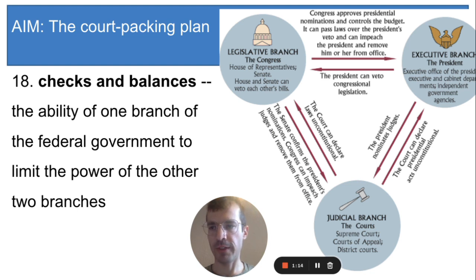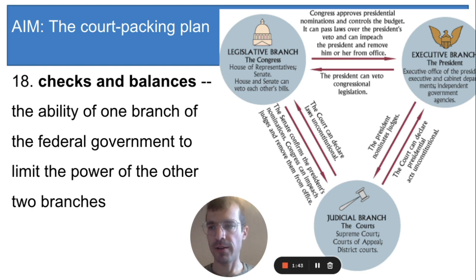But if one of them dies or decides to retire, the president at the time gets to appoint a new one. That gives the president some power over the Supreme Court, because he or she can appoint someone who shares their same political views. For example, a president who is an economic liberal could appoint a new Supreme Court judge who is also an economic liberal. So the president has some influence over the Supreme Court.